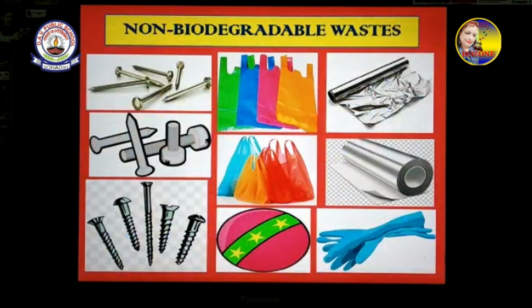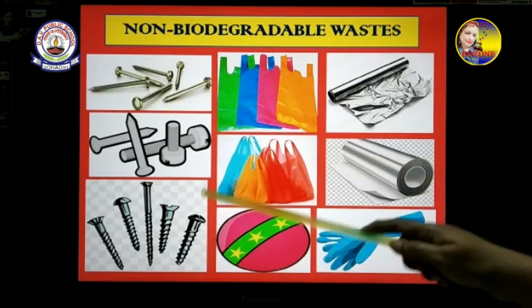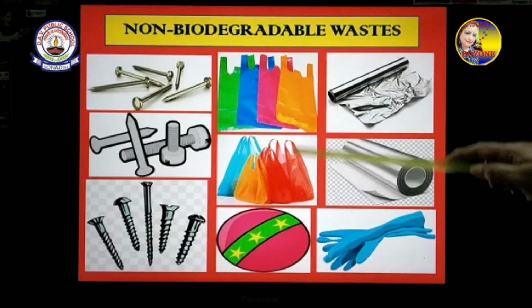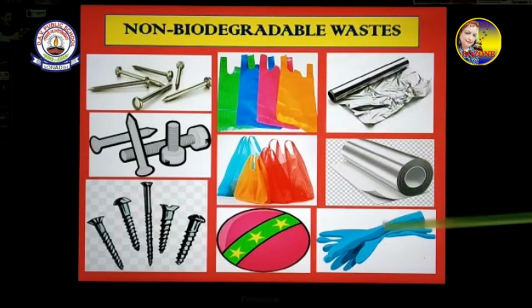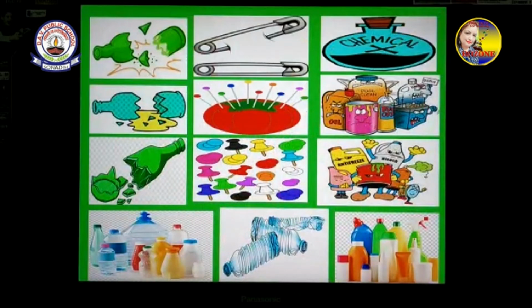So now you see on the screen children, you can see all these are non-biodegradable wastes. You can see nails, screws, nuts and all these, then polythene bags, then aluminium foil, and this is rubber, made of rubber. Then glass, pins, can you see?